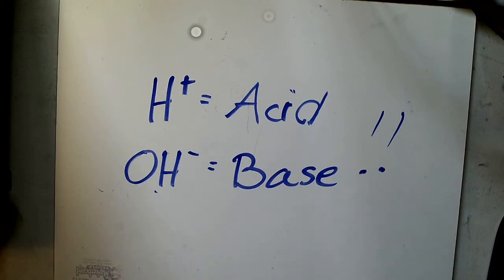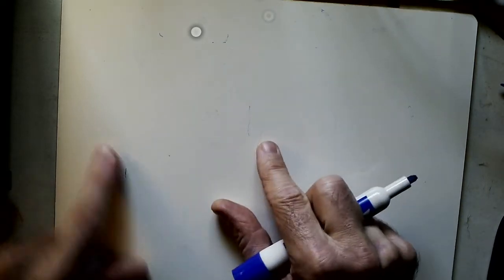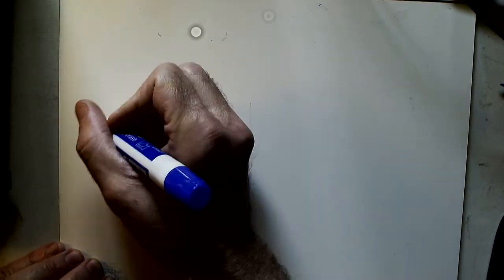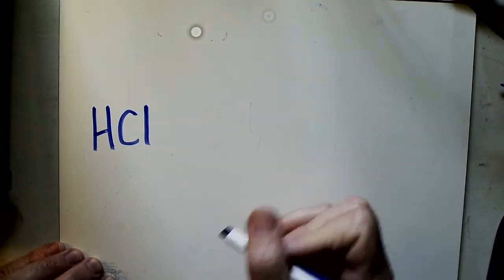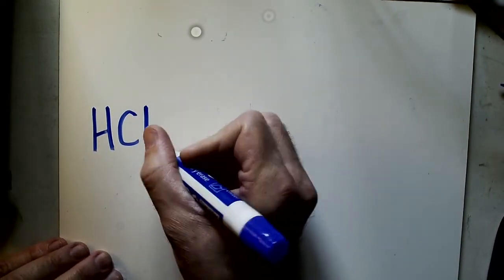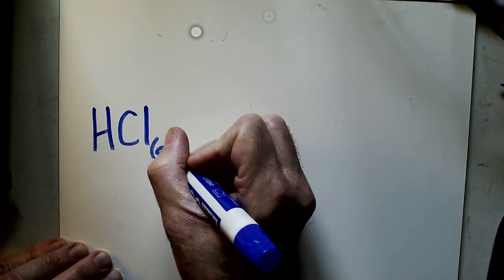So let's look at a simple acid-base reaction, what's called a neutralization reaction. We're going to use those two substances that we just went over because it's really easy to explain. This is the example in your notes. I have HCl, and just for future reference, it sometimes says AQ.